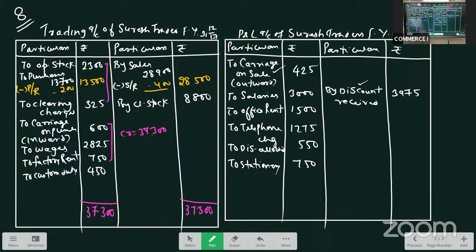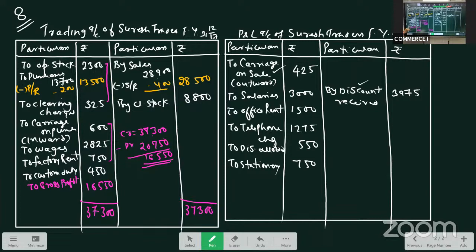The debit side total is 20,750. So what is the balancing figure we are getting? 16,550 is our gross profit.